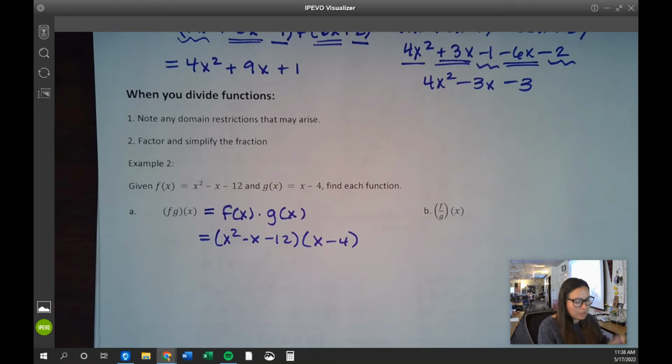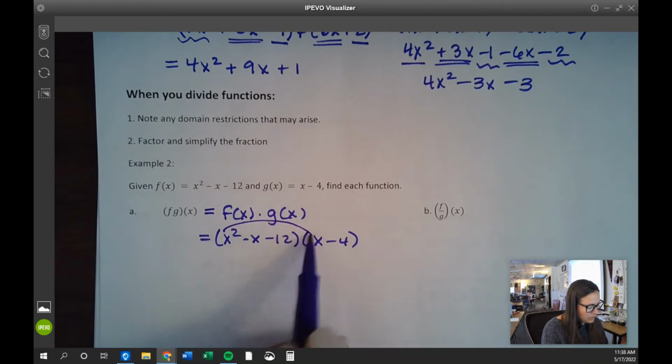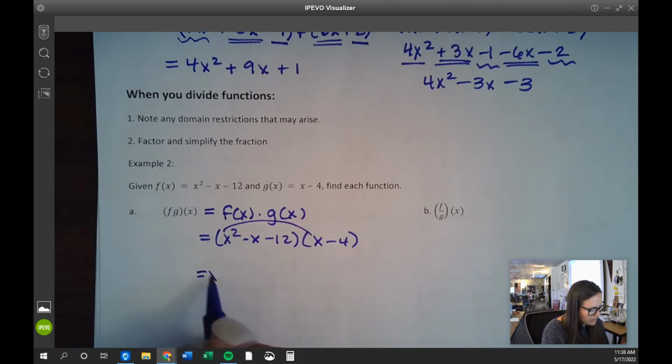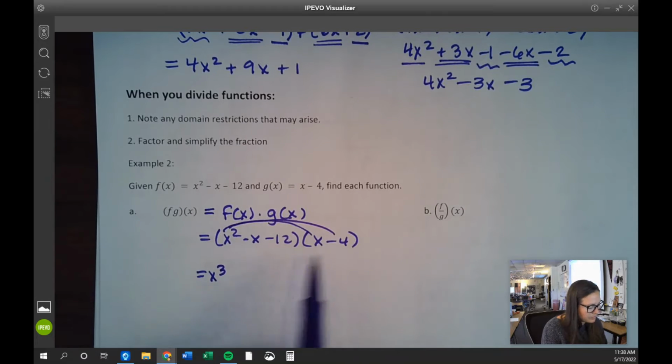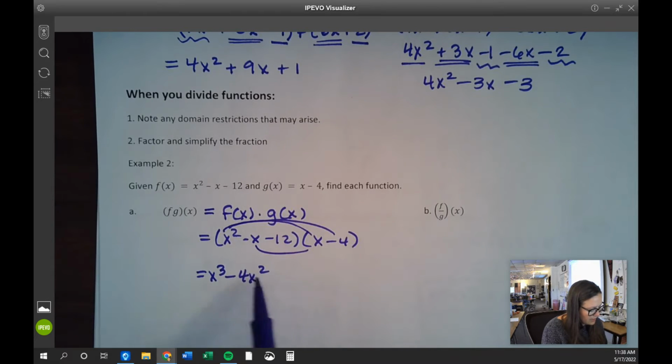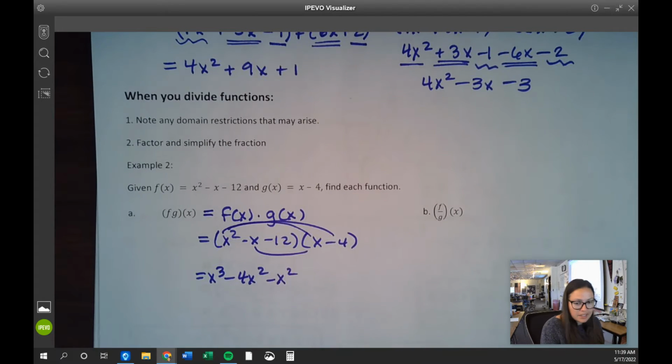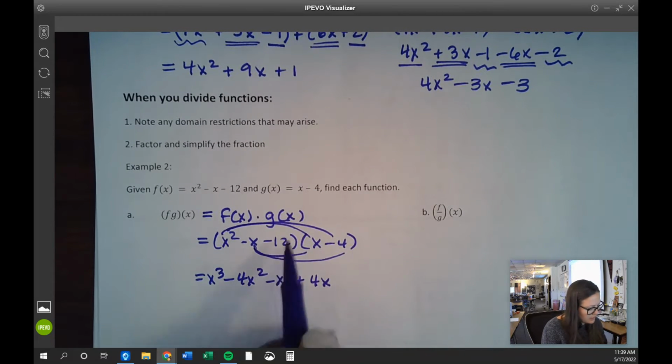You're just going to multiply everything out. First I'm going to multiply x squared by everything. x squared times x is x cubed. x squared times negative 4 is negative 4x squared. Now I'm going to distribute the negative x. Negative x times x is negative x squared. Negative x times negative 4 is plus 4x.